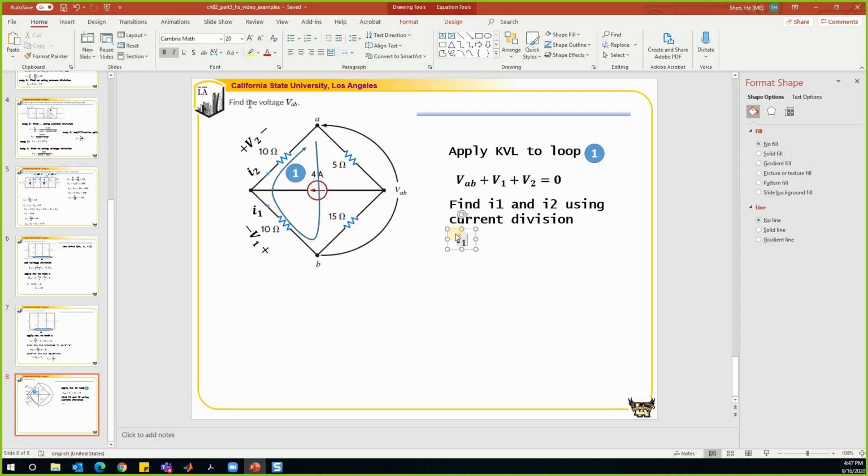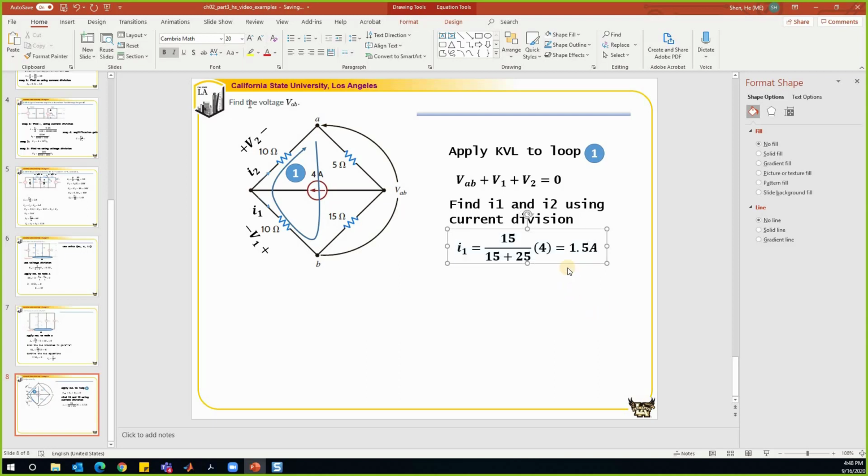The current in this branch is equal to the resistance in the other branch, which is 10 plus 15, that is 25, divided by the total resistance. The top branch is 10 plus 5, that is 15, plus the other branch 25, times the total current, which is 4. So 4 divided by 40 is 0.1, times 15, that is 1.5 amp, right?